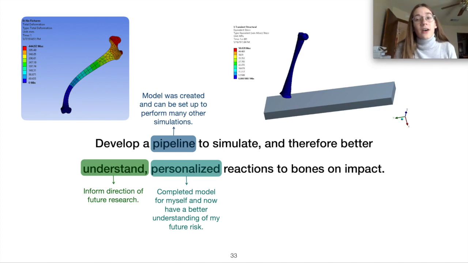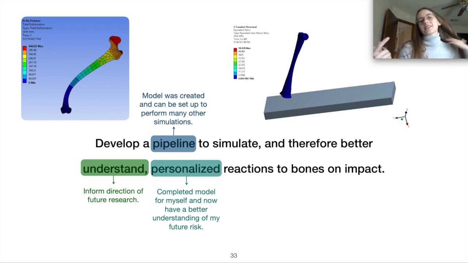And now I do feel like I understand my femur better, and I have a better understanding of my future risk. If I were able to get better material properties, maybe I could even see a fracture. And that's just good to be aware of. There are studies on whether you are more likely to break your hip if you land with your hands on the floor, or if you fall to your knees first and then go over to the side, or to the front.